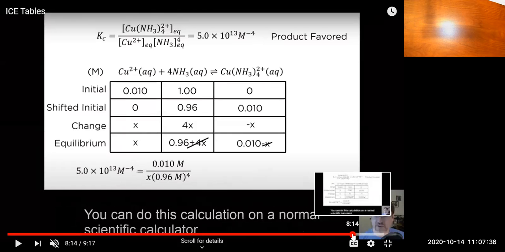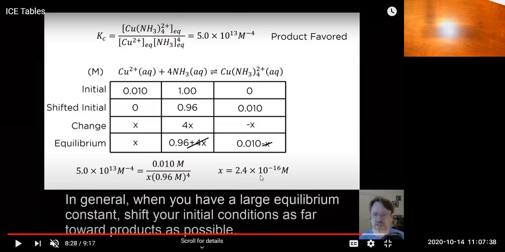You calculate it out. 2.4 times 10 to the negative 16 molar, which is absolutely freaking tiny. And that validates the assumption that we made that the 4x was small compared to the 0.96, and that the x was small compared to the 0.01. And so that means that our assumption was okay.